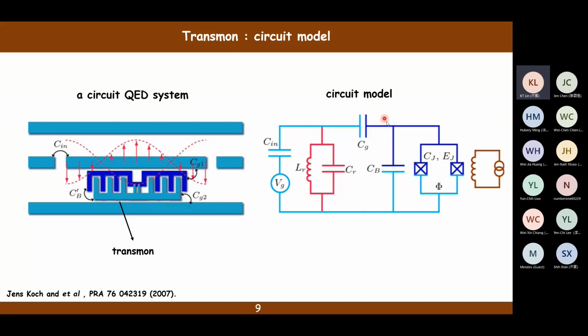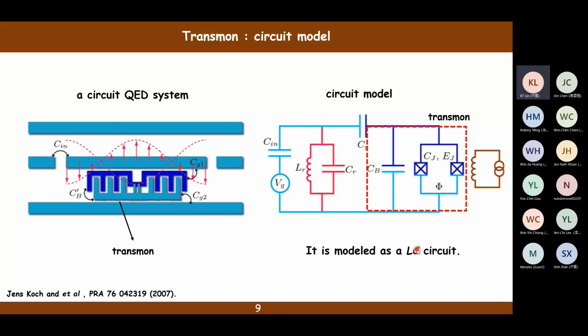In this model, the box here is the transmon. It's composed of a linear capacitor and a nonlinear inductor. So it can be modeled as an LC circuit, but the inductor L must be the nonlinear one.